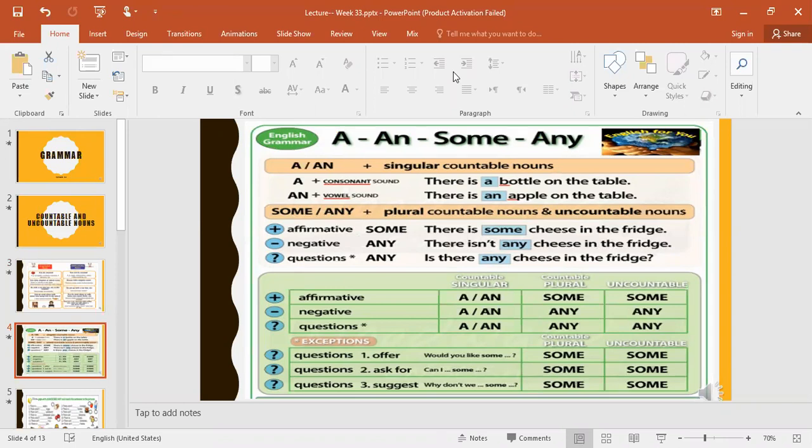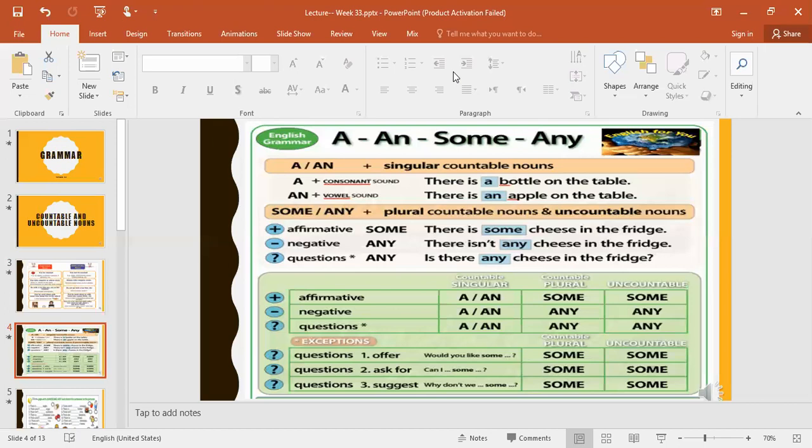For example, there is an apple on the table. So a is used for the consonant sound words, and an is used for the vowel sound words such as apple, umbrella, and so on. And of course, only singular nouns. I cannot say an apples; it is an apple, one apple.